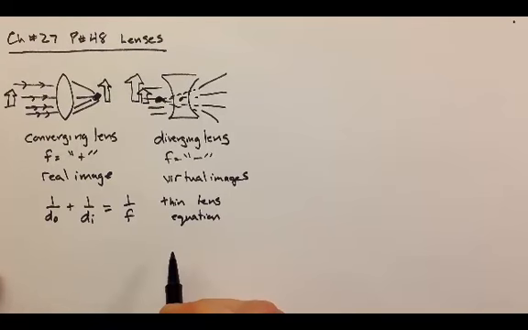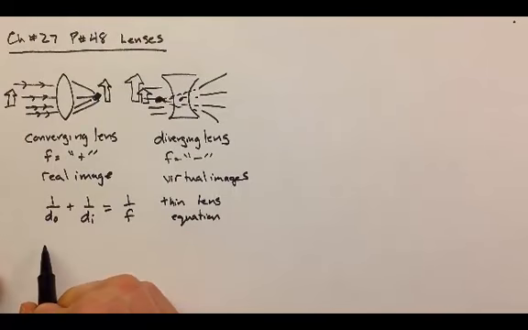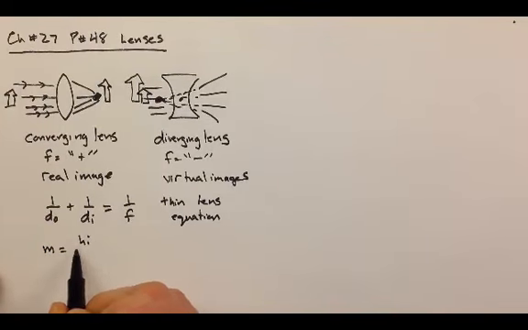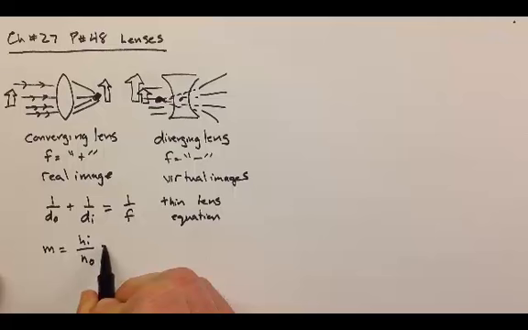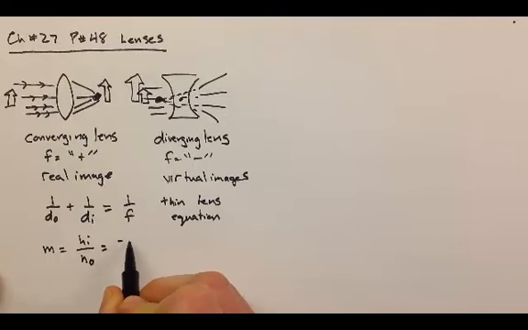All right. Also, why do we have lenses? Sometimes lenses can bring things into focus. Sometimes lenses can magnify. The height of the image divided by the height of the object, so a lens's magnification, is equal to negative d_i over d_o.